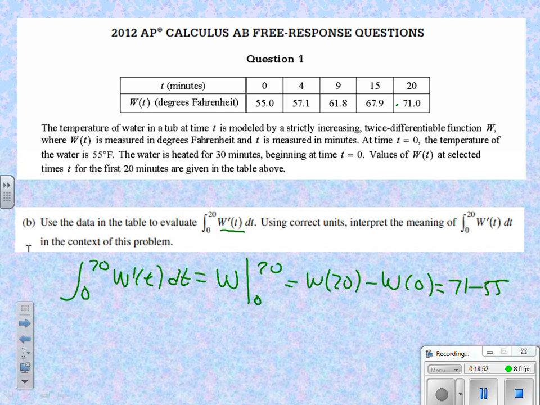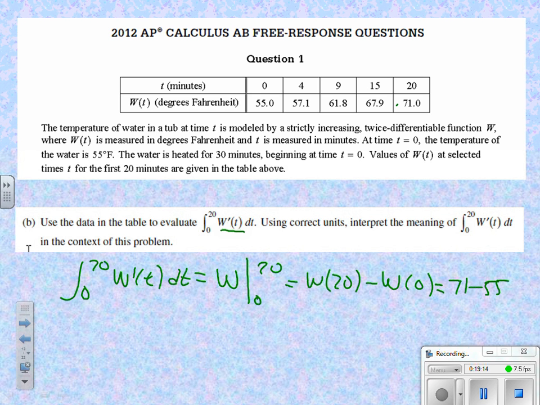If it were 1 over 20 in front of it, that would be the average value of w prime. So that would be the average rate of change. How many points would that be? I think it was 2. 1 for the numerical answer and 1 for the interpretation of the meaning.